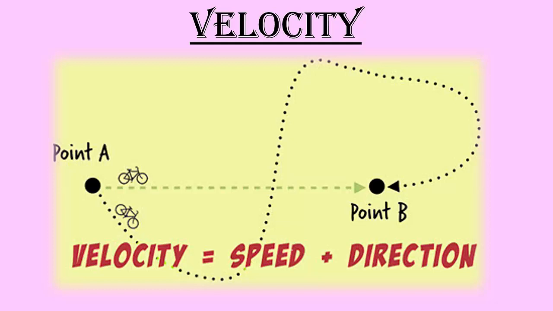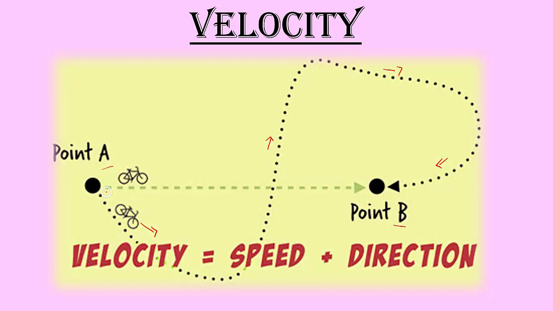See here, I am going to take two points, point A and point B. I have two ways to reach point B. Initially, I go from this direction. It is not a straight line, it is a zigzag line. So I go in this way to reach point B. When I travel this way, this is the distance traveled by the cycle to reach point B. But what is displacement?